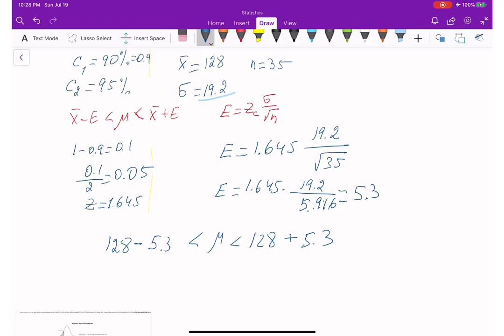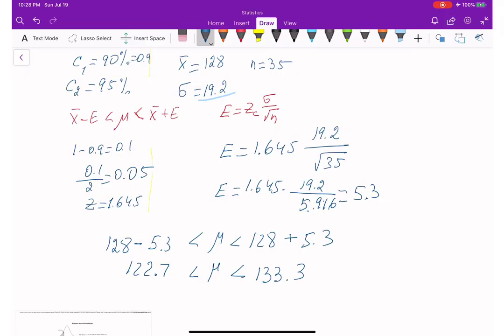Okay, so 128 minus 5.3 is gonna be 122.7. And if I add them, it will be 133.3. And this is gonna be my confidence interval.